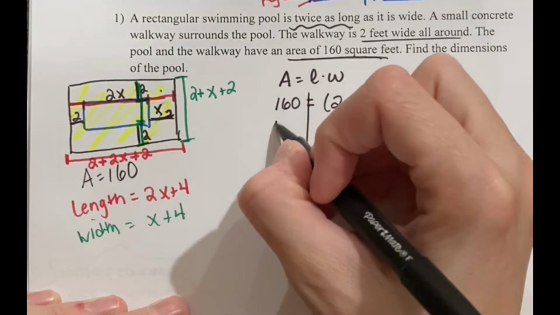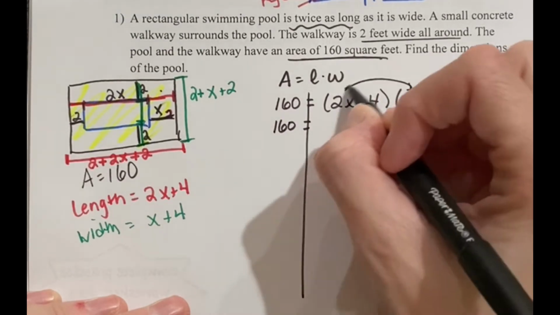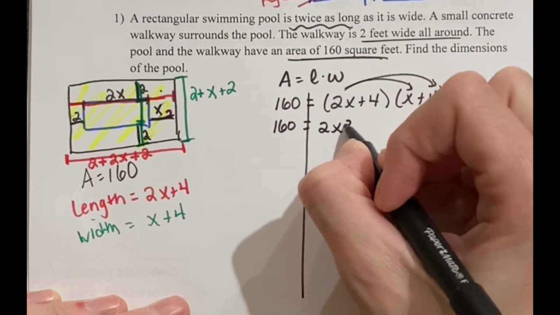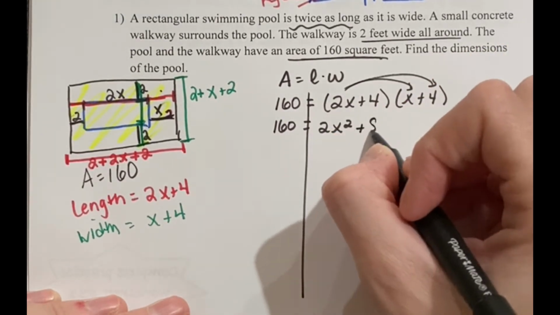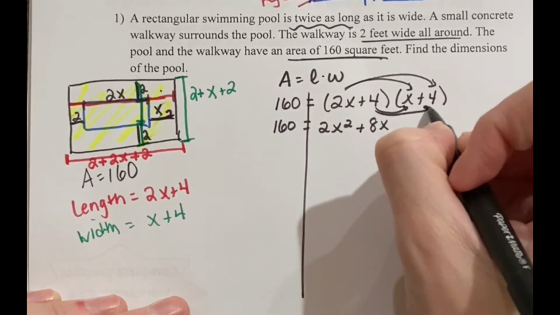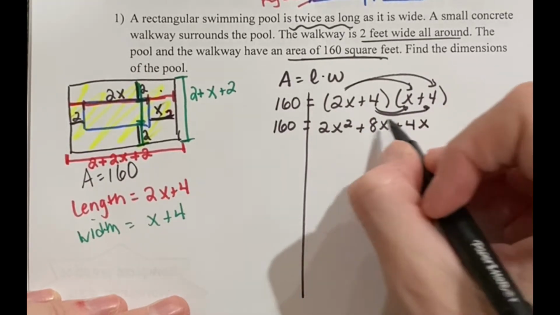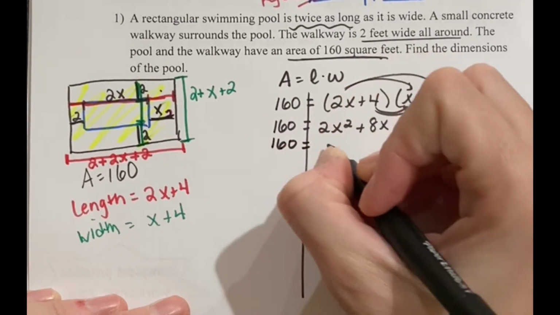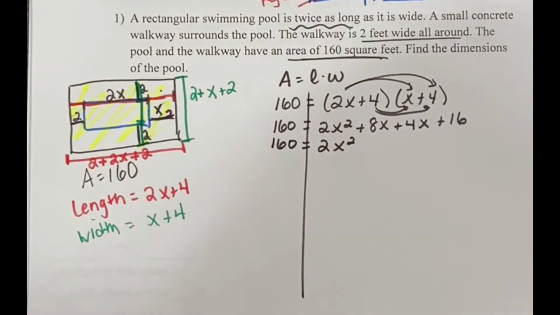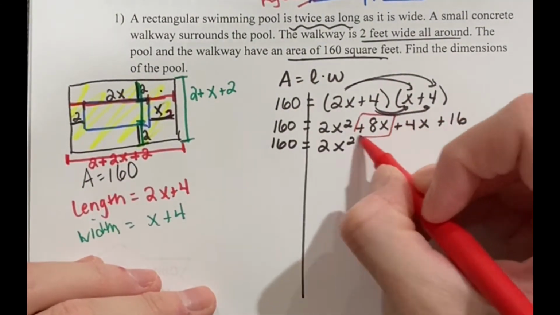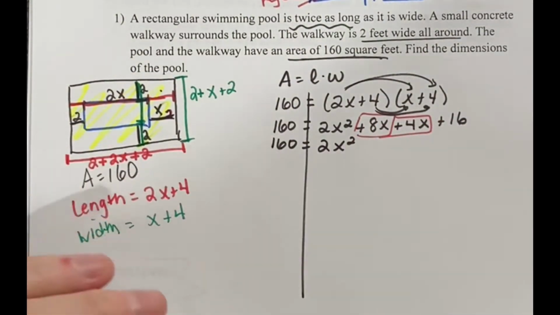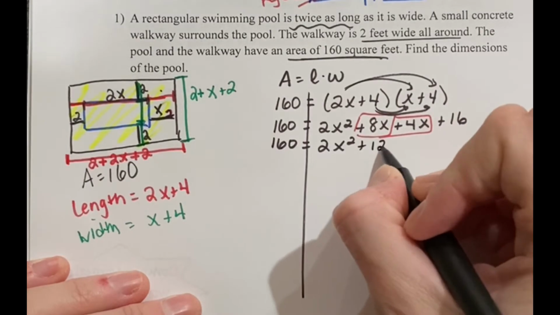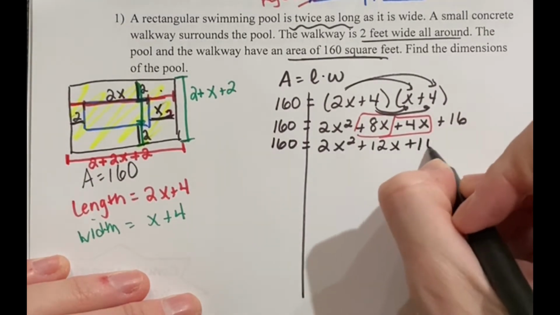So then we need to solve. We need to double distribute. So I get 2x squared plus 8x plus 4x plus 16. This then gives me 160 equals 2x squared. I need to combine my like terms, 8x and 4x, which gives me positive 12x, and then plus 16.